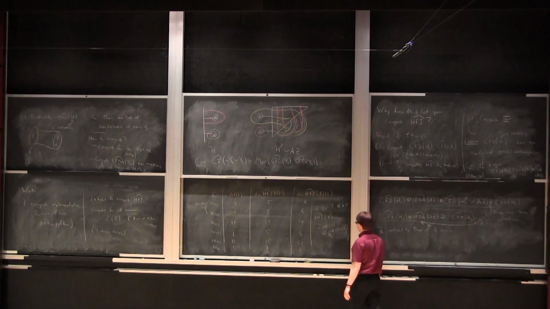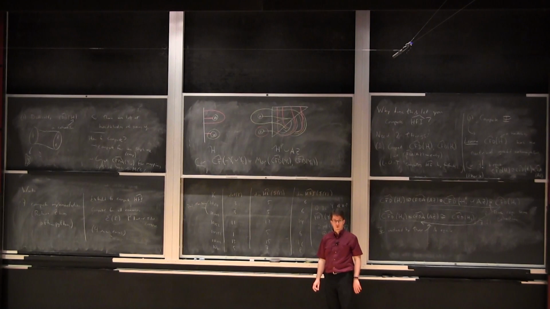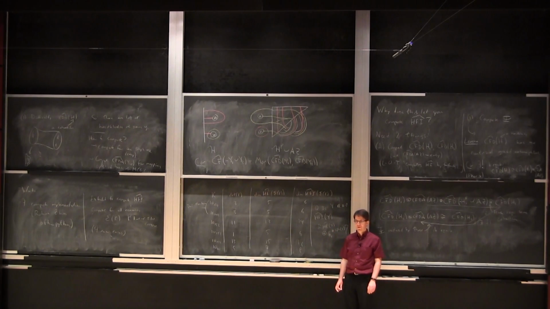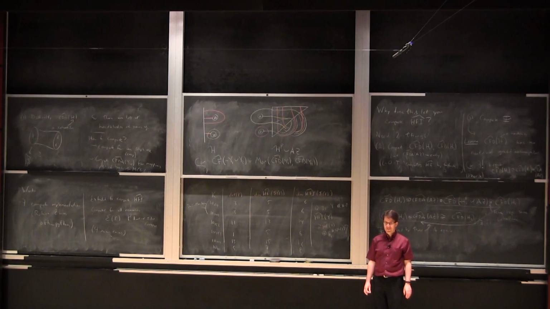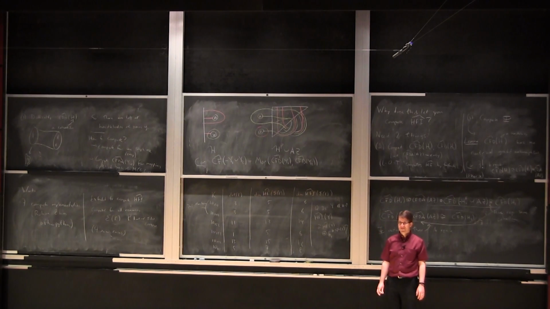It probably is possible to use this technique to prove a surgery theorem for arbitrary surgeries for HFI hat, but it hasn't been done. Somebody could do that. If somebody does, they should send me an email so that I don't suggest it to somebody else. This technique probably would help you compute for surgeries, but that hasn't been done. Somebody is not yet doing it, but I'm sure somebody will.